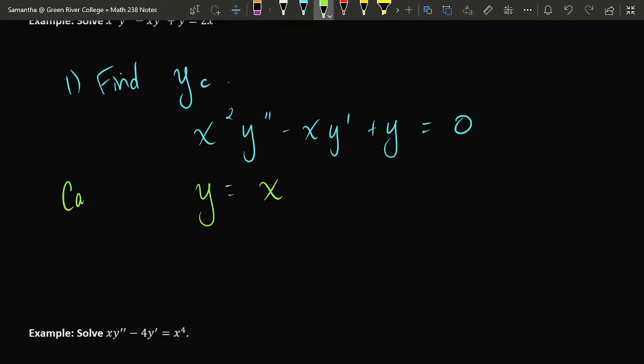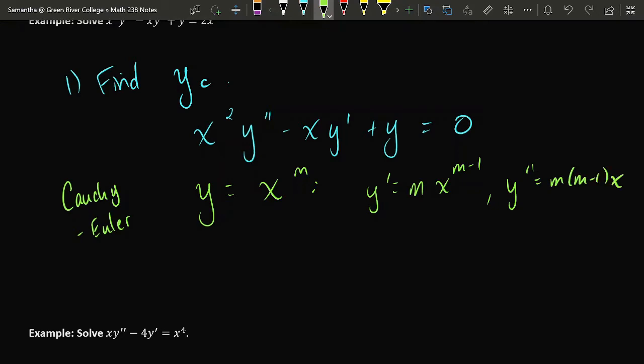For a Cauchy-Euler, we guess y equals x to some power called m, which implies that y prime is equal to m x to the m minus 1, and y double prime brings down m and an m minus 1. So if I put that information into my differential equation and simplify, I get m times m minus 1 times x to the m minus m times x to the m plus x to the m is equal to 0.